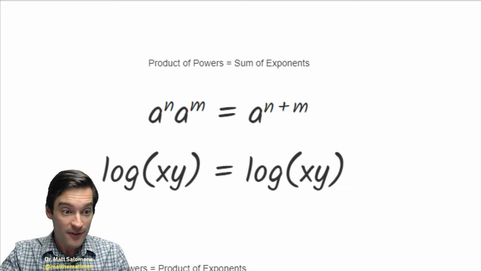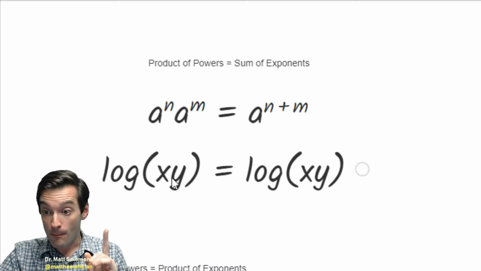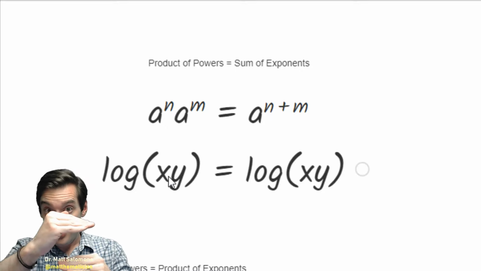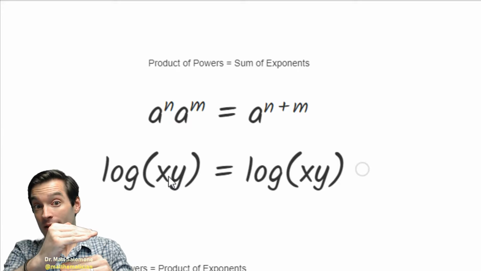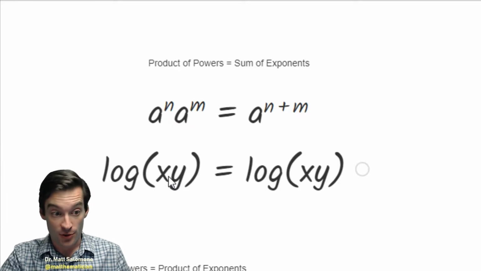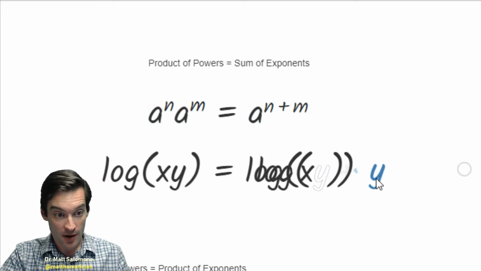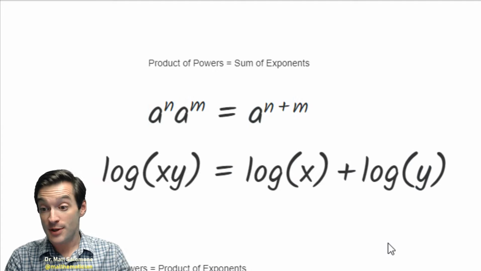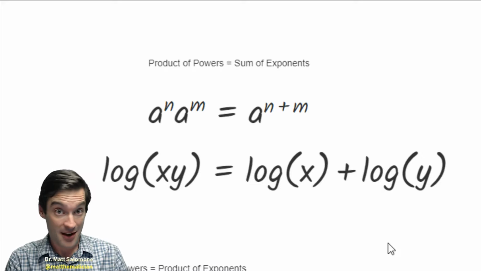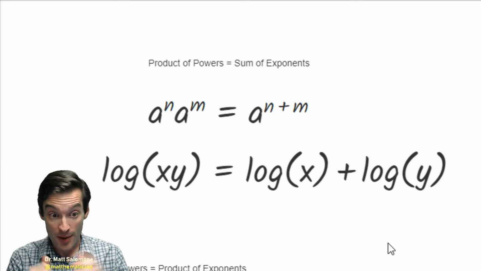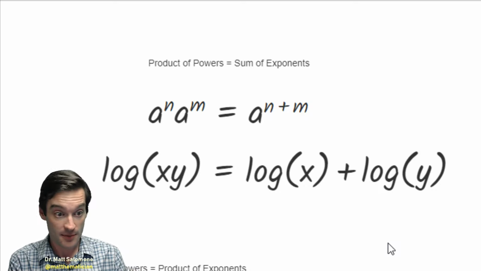So if inside of my log I am multiplying, then on the outside of my log, that multiplication turns into addition. So this multiplication, x times y, if I break it apart, turns into addition, log x plus log y. Again, shout out to Graspable Math website for these great interactive, manipulative pieces we do here.